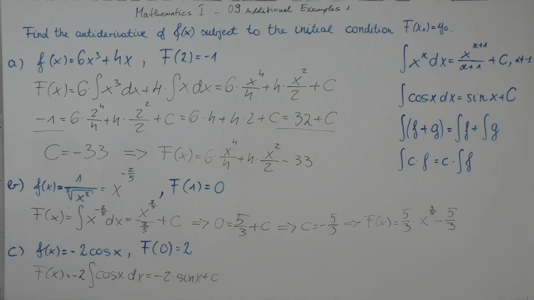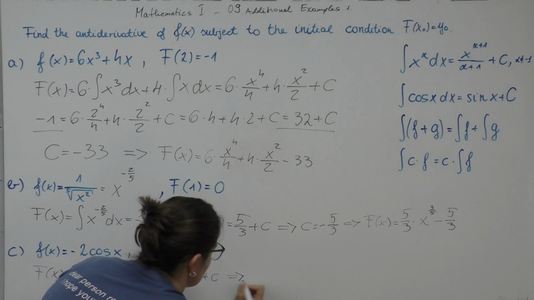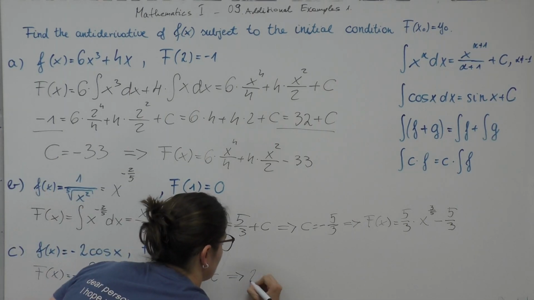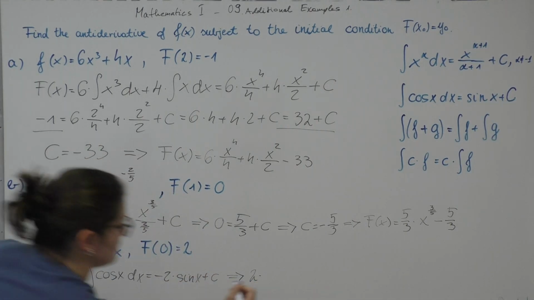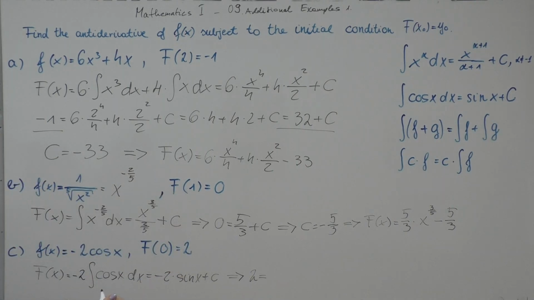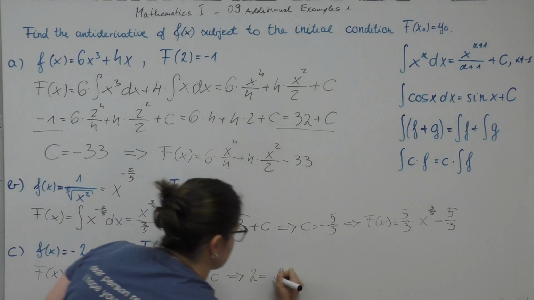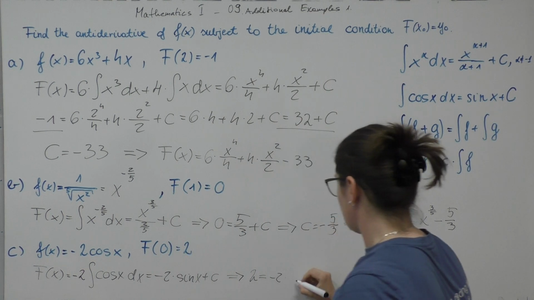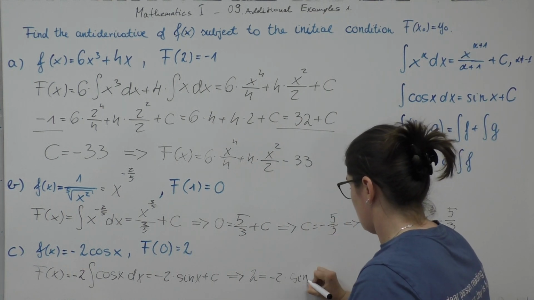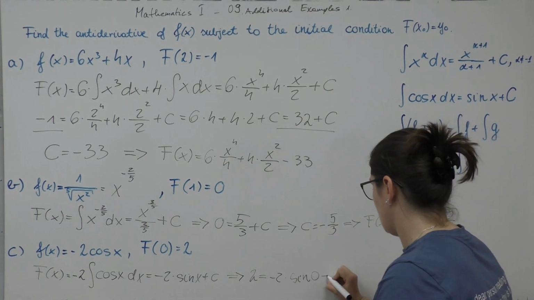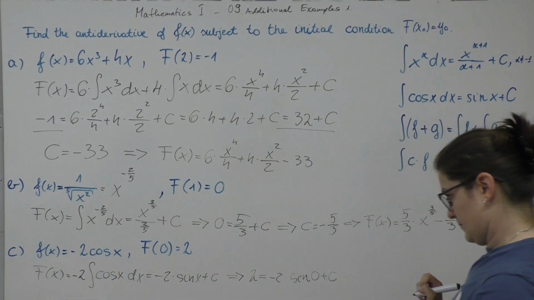Now we use the condition, so we know that 2 is gonna be -2 times the sine of 0 plus c.